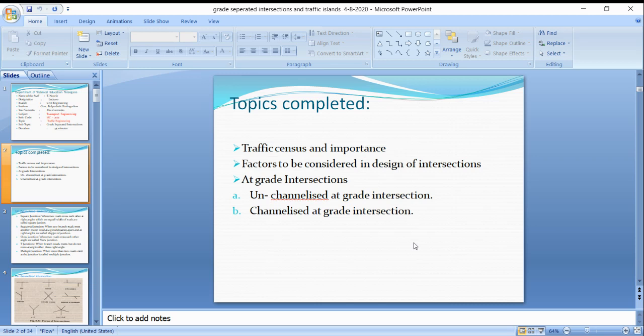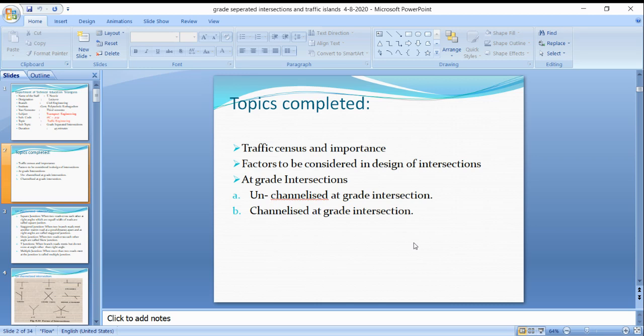What are the factors to be considered in the design of intersections? First, we have to see to reduce the accidents. Sufficient visibility should be there at intersection points for vehicles, and at night adequate light should be there.